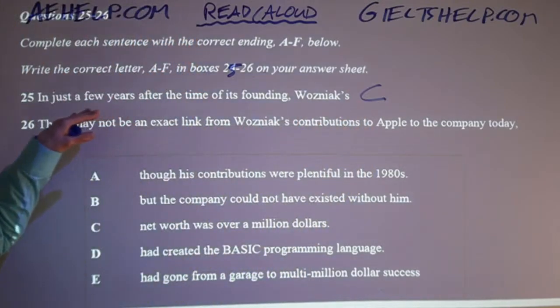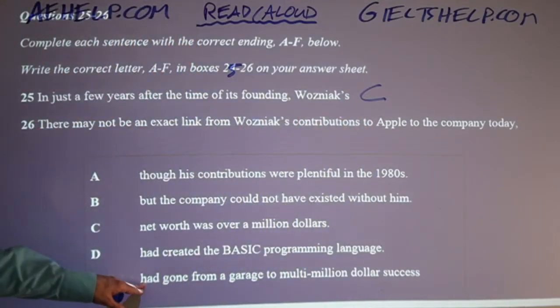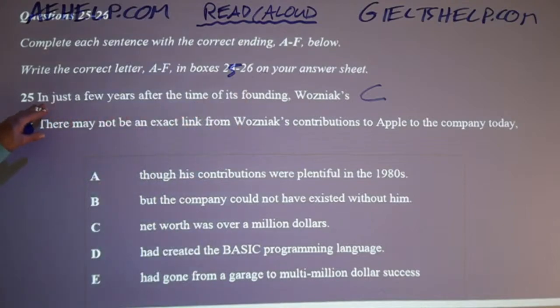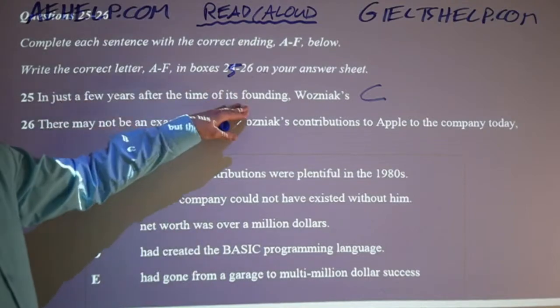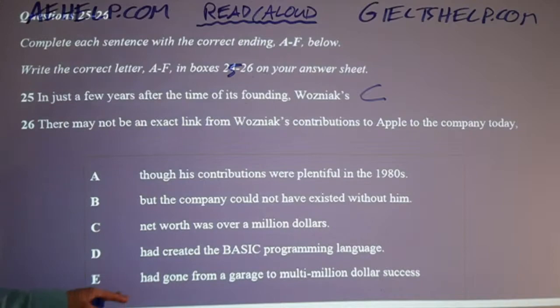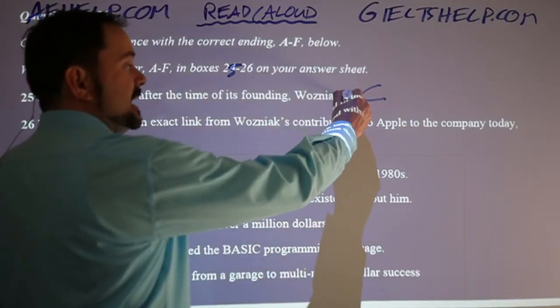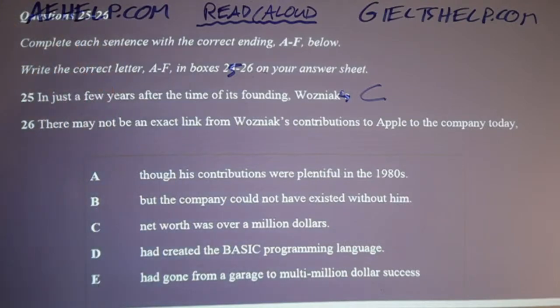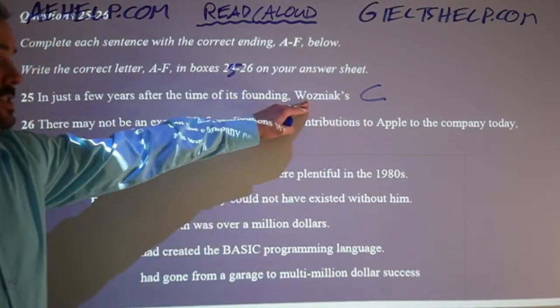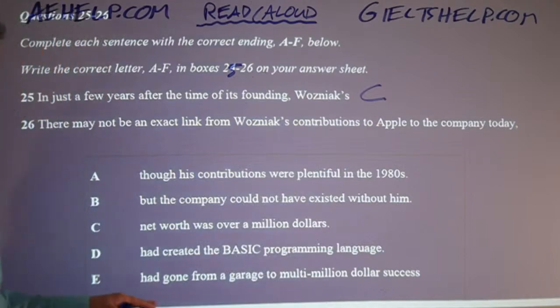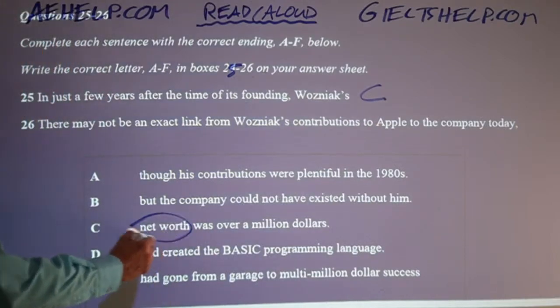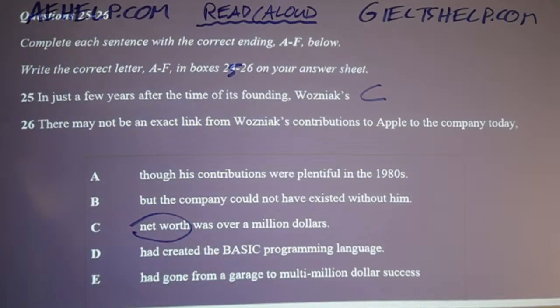And when you do these, always put the particle into the sentence. So in just a few years after the time of its founding, Wozniak's had gone. No, if it was Wozniak had gone, then yes, but not Wozniak's. Wozniak's something has to be a noun. Wozniak's net worth. Okay. So that's C.